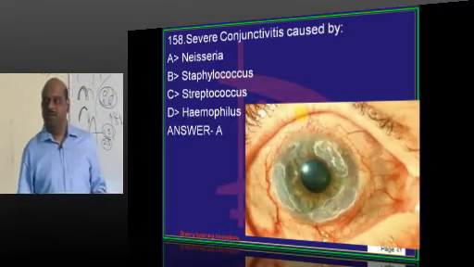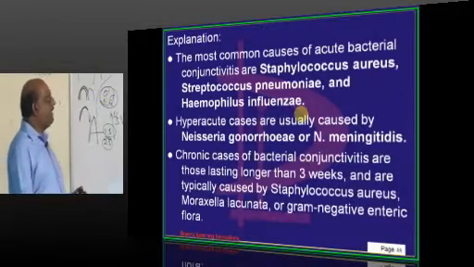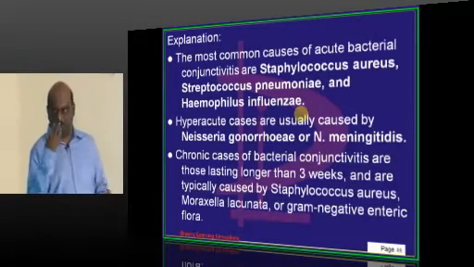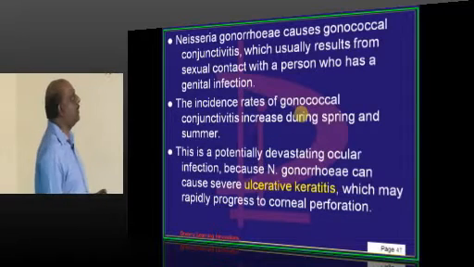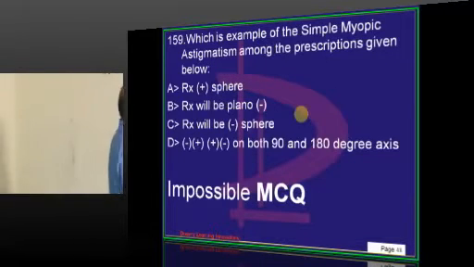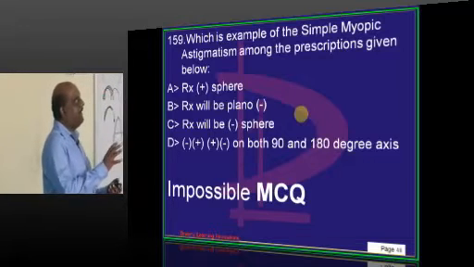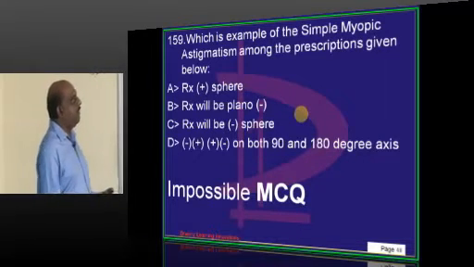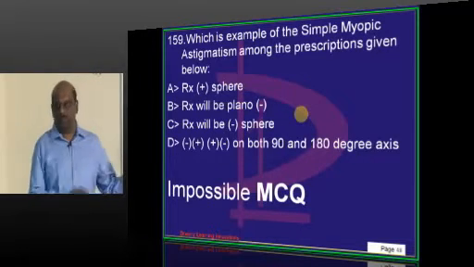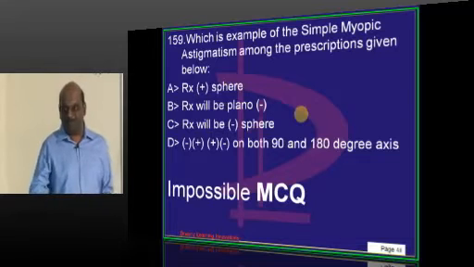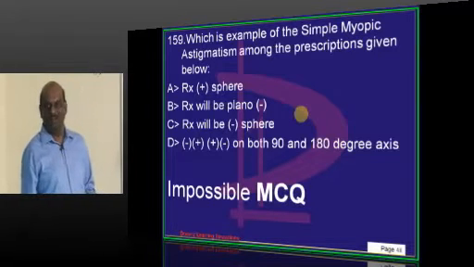Neisseria leads to very severe conjunctivitis, ultimately leading to the destruction of the cornea, ulcerative keratitis. Simple myopic astigmatism: what is the type of prescription? Impossible MCQ unless you have done a diploma in ophthalmology and are preparing for MD.